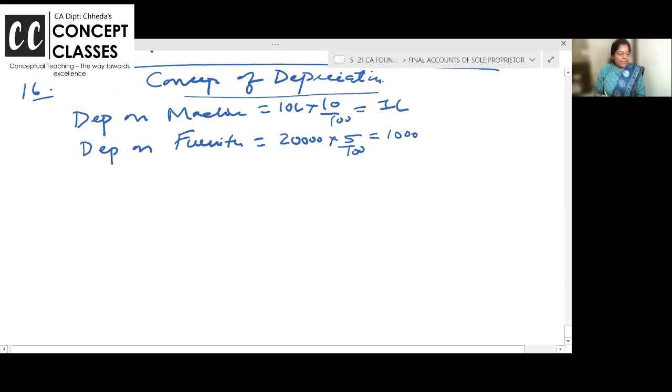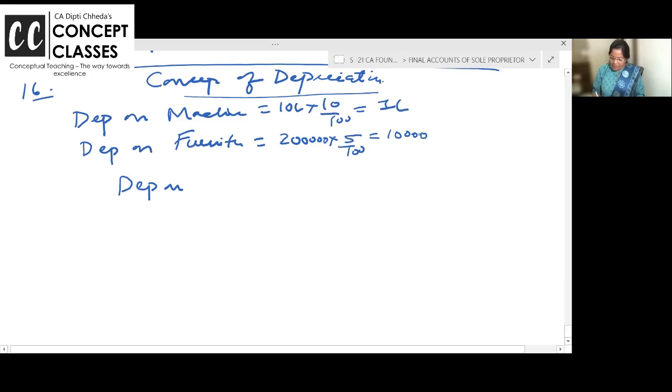ठीक है, शुरू करें. Let us pass the journal entry. Depreciation account debit. 20,000 नहीं है, sorry, 2 lakhs का 5% will come to 10,000.